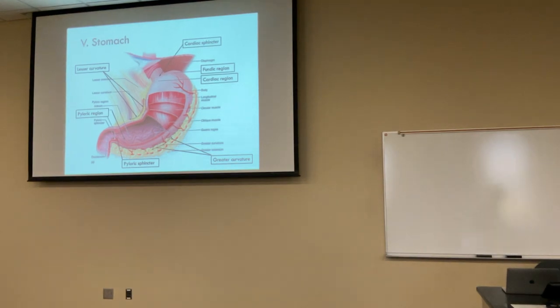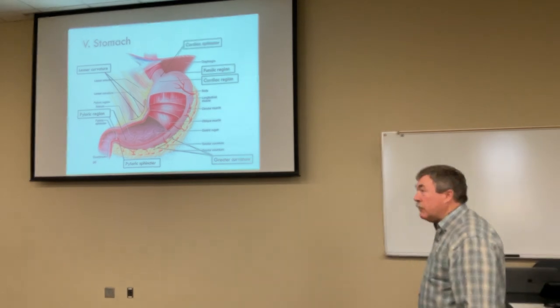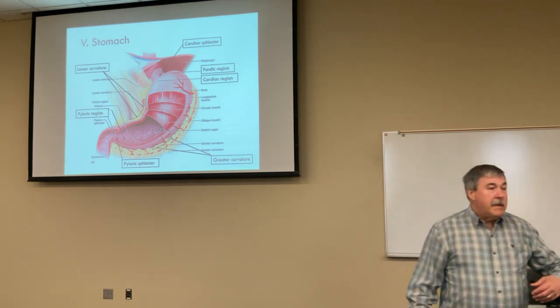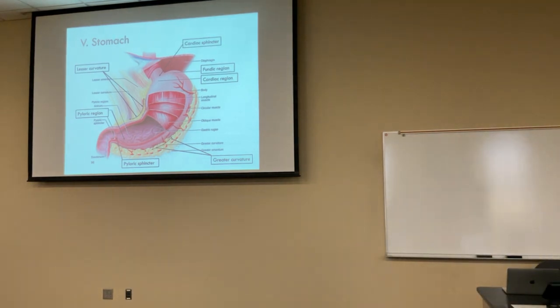The body of the stomach is the middle portion. It's everything between the cardiac region and the pyloric region. That's the body. Kind of like the body of the uterus in the female reproductive system. So there are several regions of the stomach.